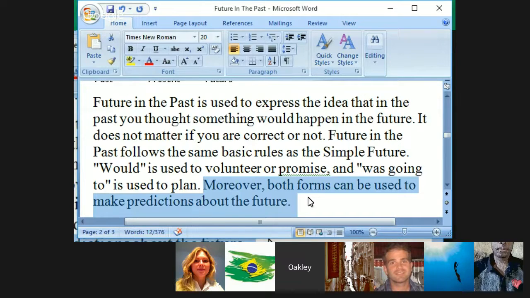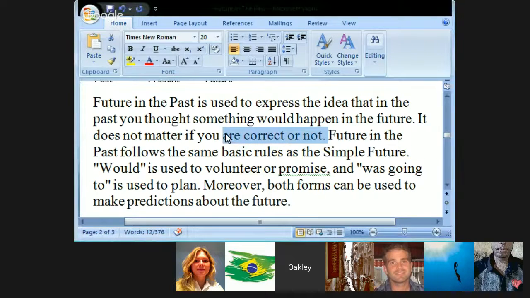By then, it will be over, and we will all know the outcome. And you see how it doesn't matter if I was correct or not. It doesn't matter. I can give you this example because it doesn't matter if I turn out to be right or I turn out to be wrong. It doesn't matter who ends up winning. That's what I thought at the time. At the time, that was my prediction. That's the idea.